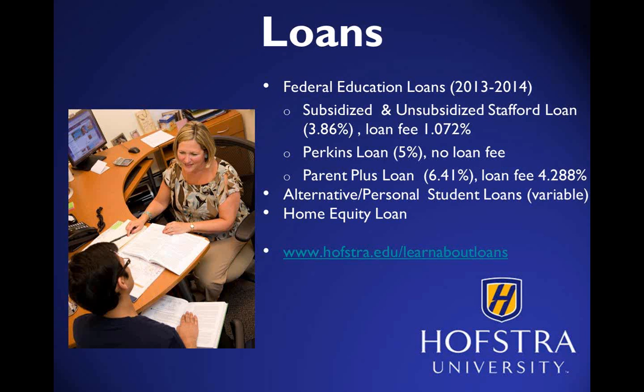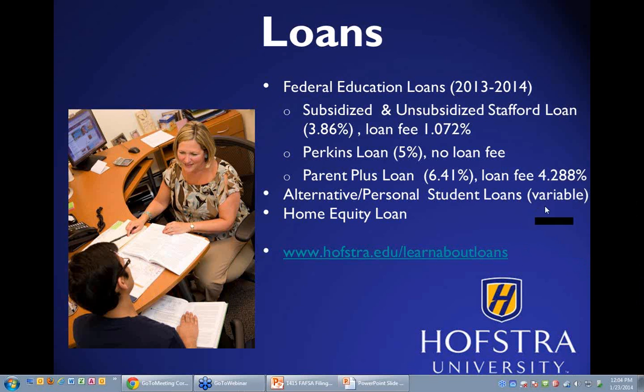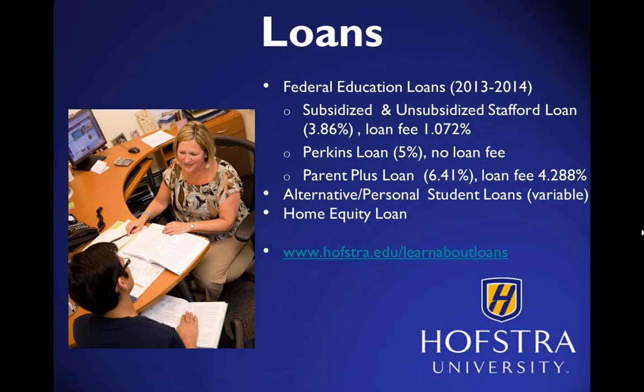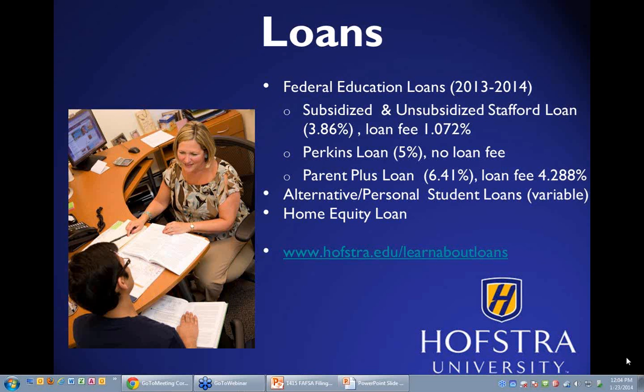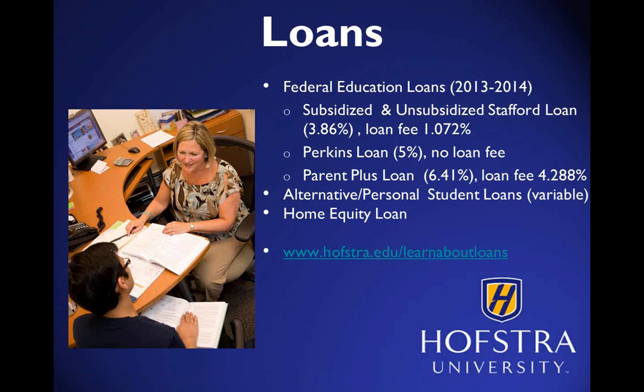The Federal Parent PLUS loan is borrowed and required to be repaid by the parent. The parent must be approved by a credit check performed by the Department of Education. If the parent is experiencing financial difficulties, he or she can apply with an endorser, which is kind of like a cosigner. The PLUS loan can be deferred to repay after the student graduates.